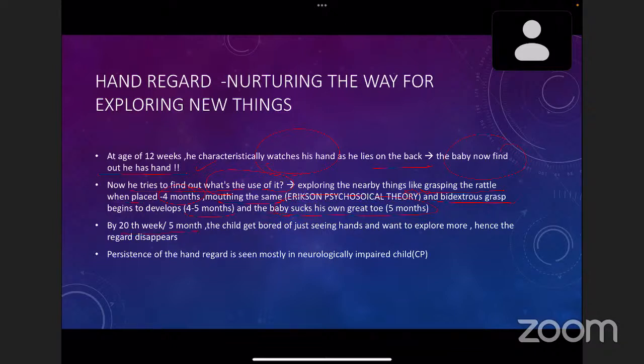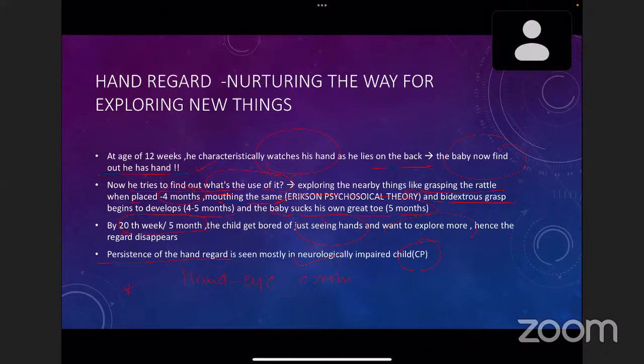By the 20th week, or 5th month, the child gets bored of seeing his hand and wants to explore more. Now this hand regard will disappear. If hand regard persists beyond 5 months, it's mostly seen in a neurologically impaired child, that is CP. And one important thing, it is a hand-eye coordination milestone.